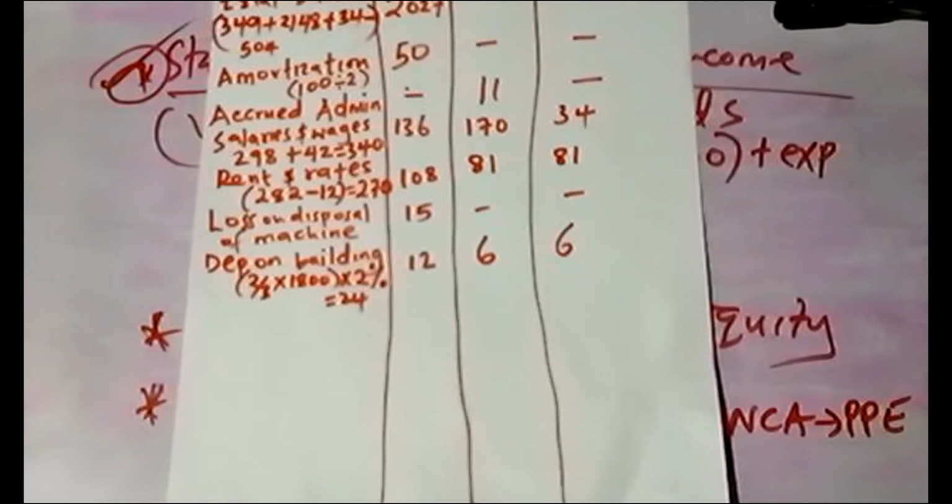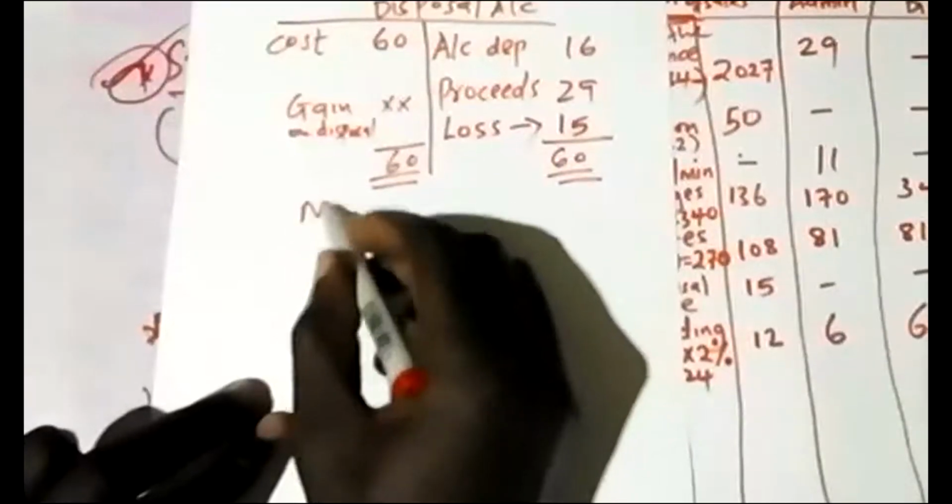The next, they were talking about note 5, machinery. Machinery and equipment are depreciated at 30% and 20% respectively. So for machinery, you need to consider what you disposed.